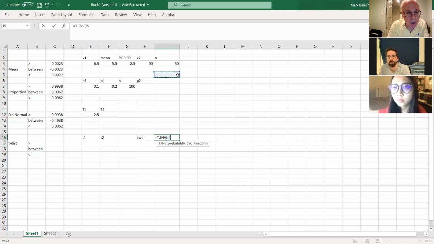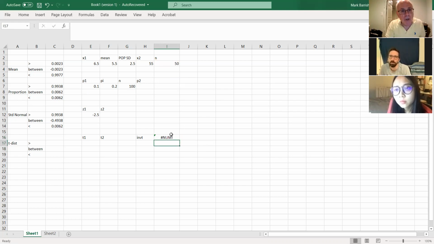So we'll call this I5. Let's put it in there. And then degrees of freedom is going to be this number minus 1. So it's pointing to I5, this number here.